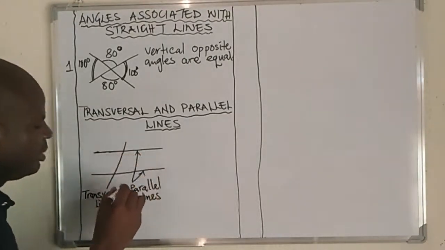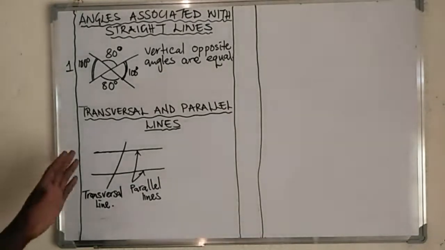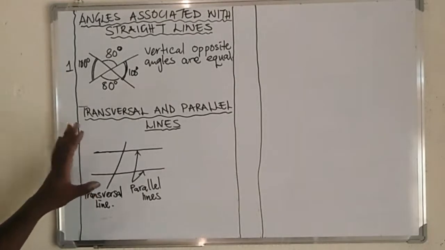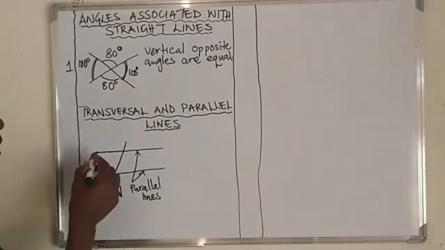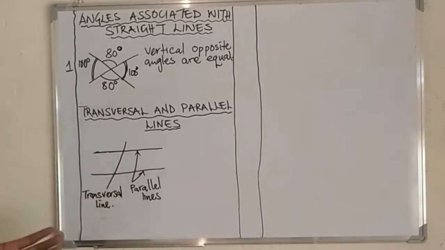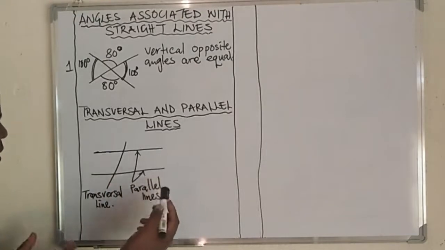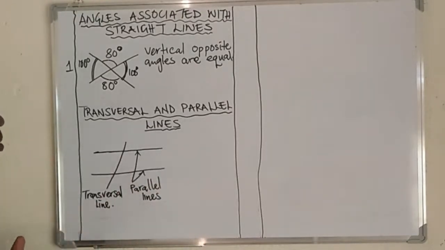When these two parallel lines are crossed by a transversal line, they form angles. Now we need to understand the angles they form.